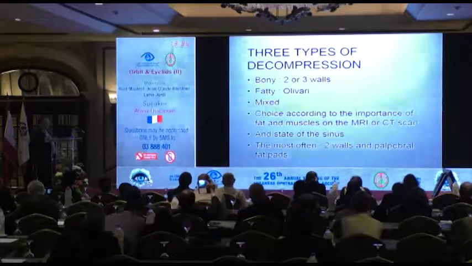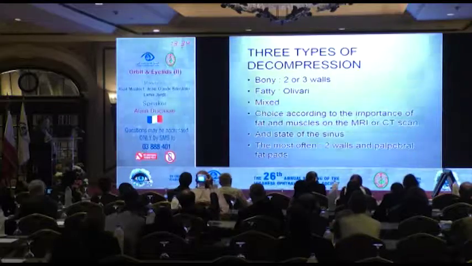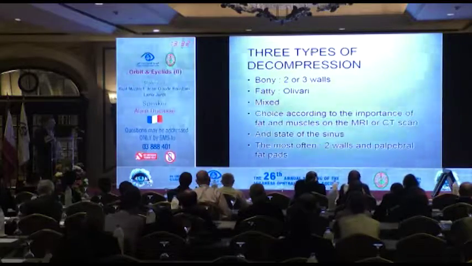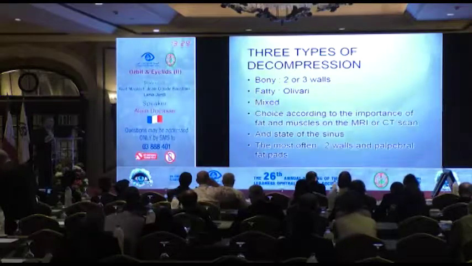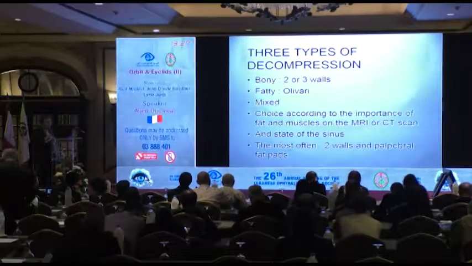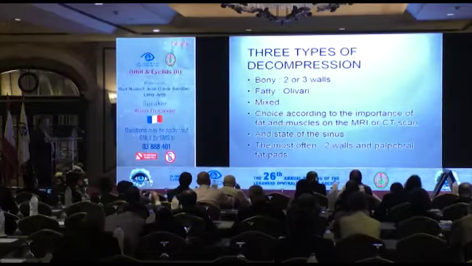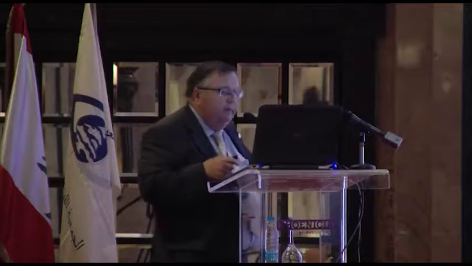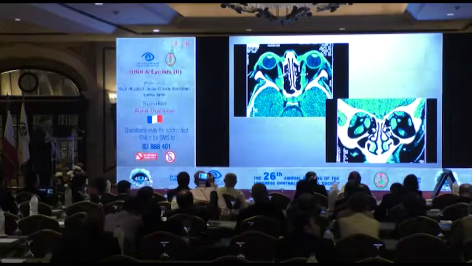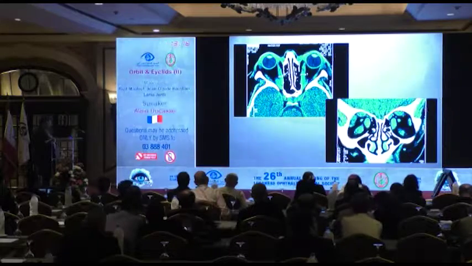The choice is made according to the importance of fat and muscle on the MRI and CT scan, and the state of the sinus. So most often we perform 2-wall decompression and removal of the palpebral fat pads. You can see here a CT scan in Graves' orbitopathy.